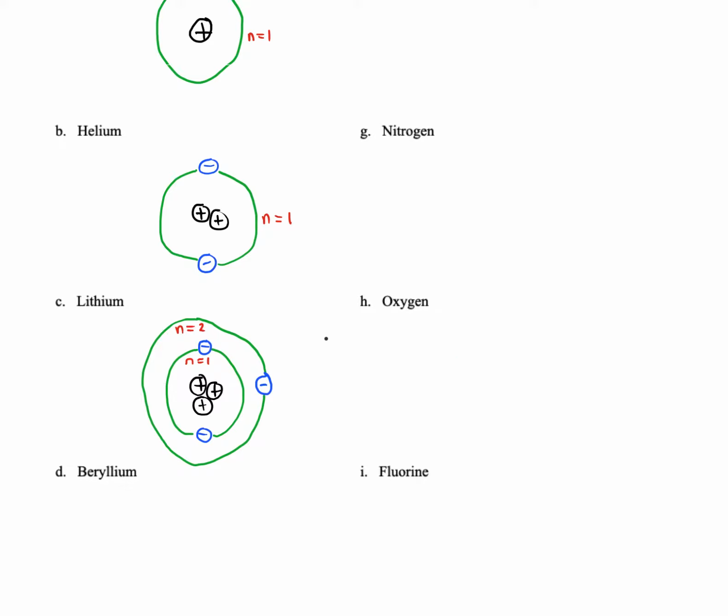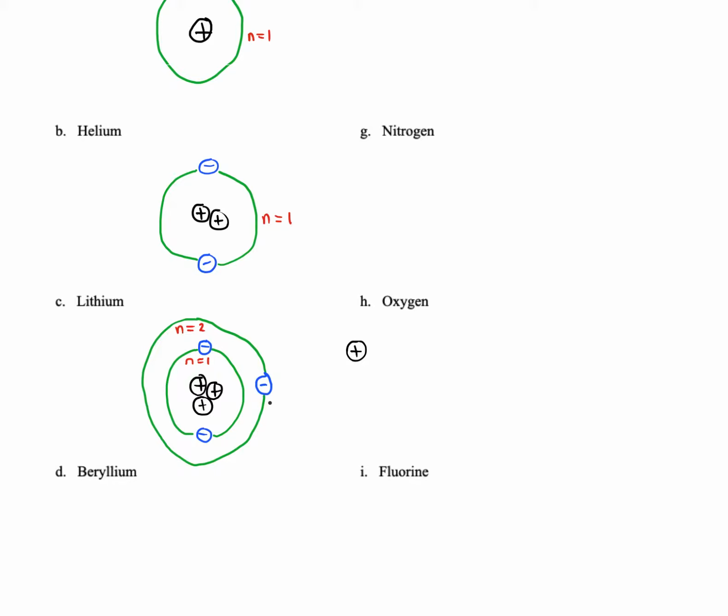Now the thing about the second level is, on average, the electron's going to be farther away from the nucleus. And it's all alone out there. And what that means is it's actually going to be very easy for it to be stolen away. Like, for example, if some other positive particle were to come near the lithium atom, the electron here would be highly attracted to that positive particle.